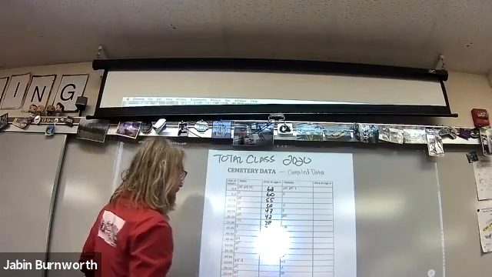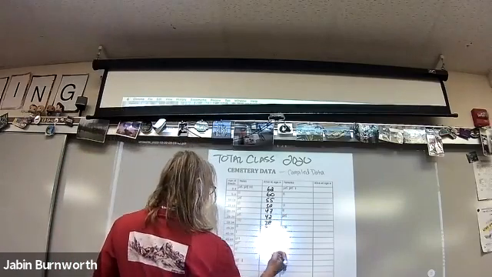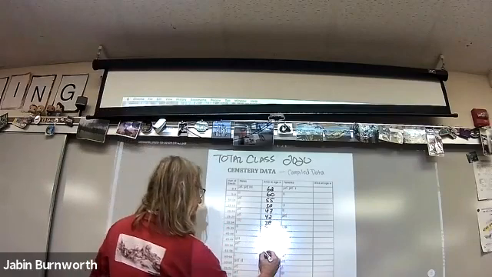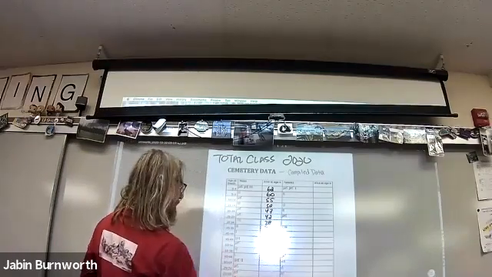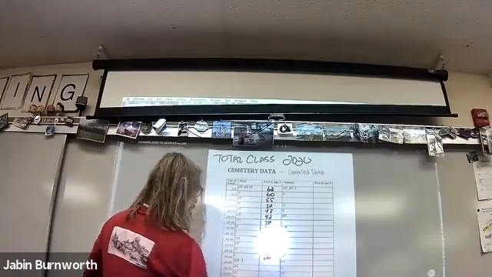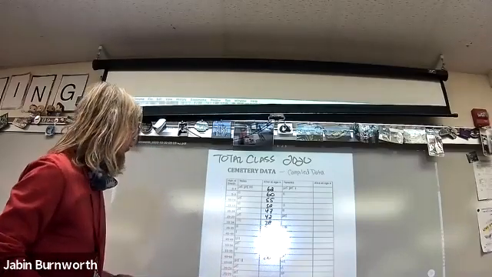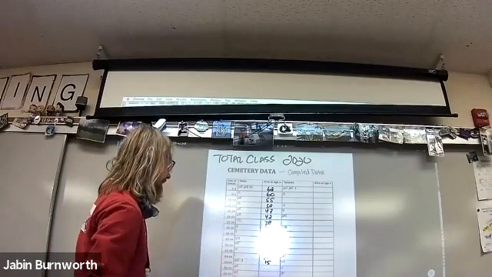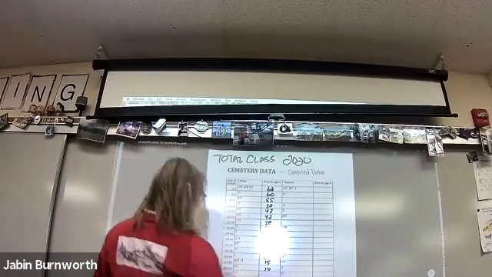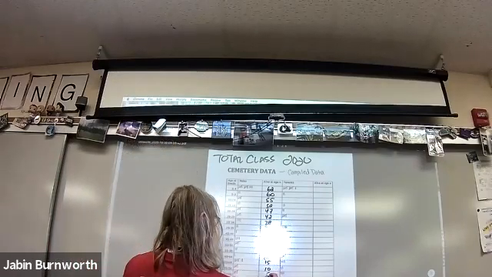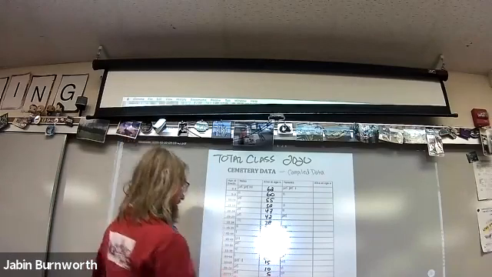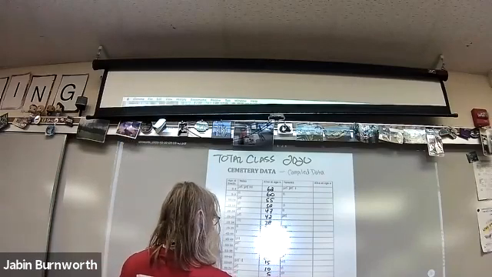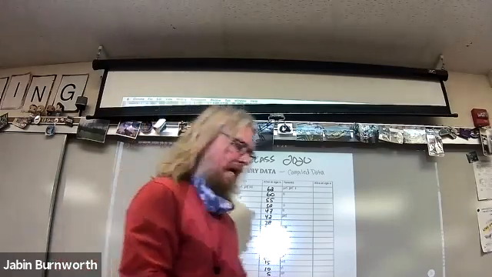Okay, now I've got 26. Now I've got 23. Now I've got 22. Now I've got 15. Okay, now I've got 10. Now I've got 5. Now I've got 1. Now I've got 0.